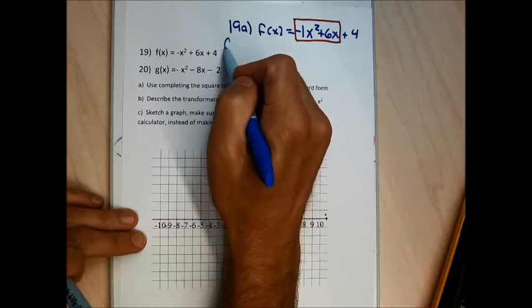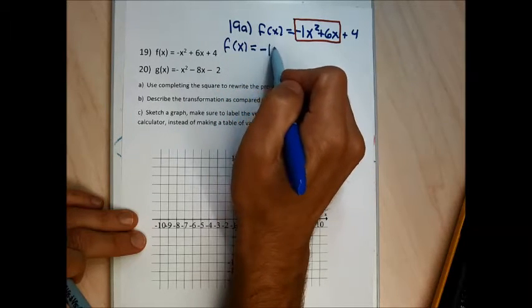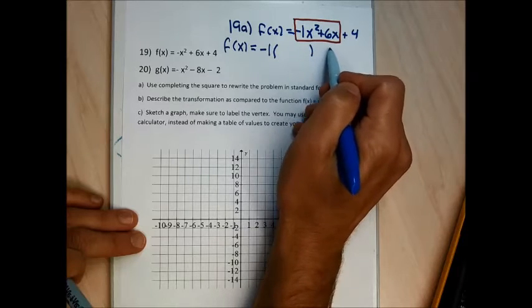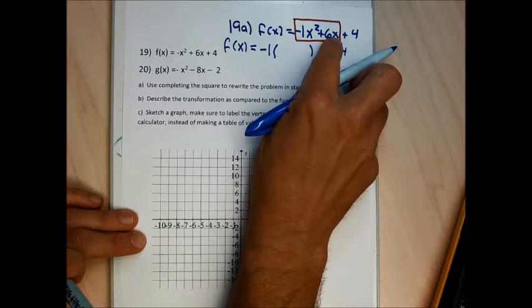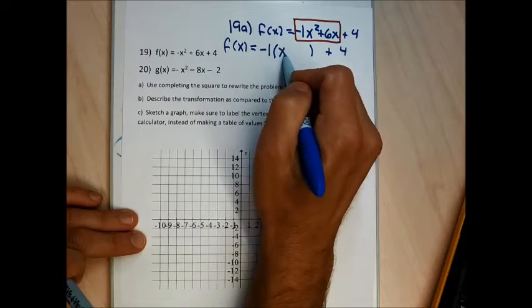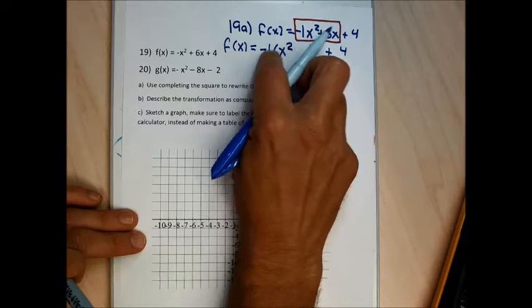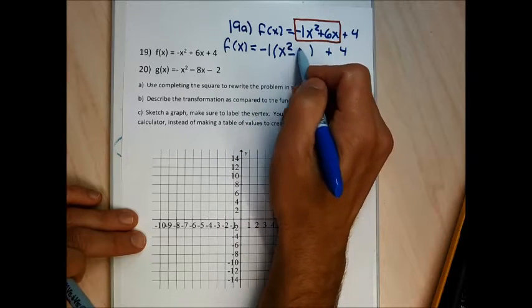So f of x equals negative 1, and I'm going to factor out that negative 1 from the x squared and from the 6x. When I factor it out from the negative 1x squared, I'm just left with an x squared. When I factor out a negative 1 from the positive 6x, I flip the sign and get a negative 6x.